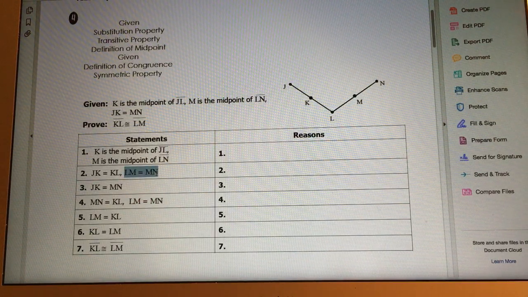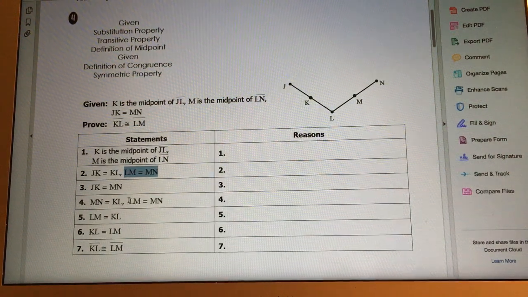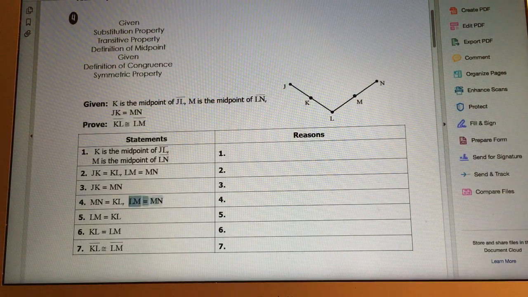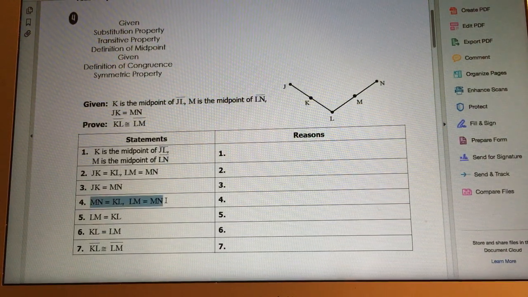Notice, remember, we're just using the statements above it. So how could we possibly create this statement from the information above here? What must have happened? I'm going to compare number 4 and number 2, because it seems like we did something to number 2 to make number 4.